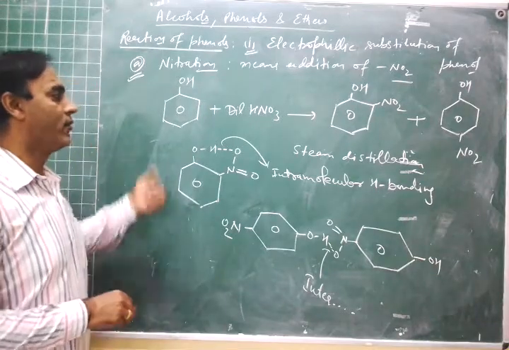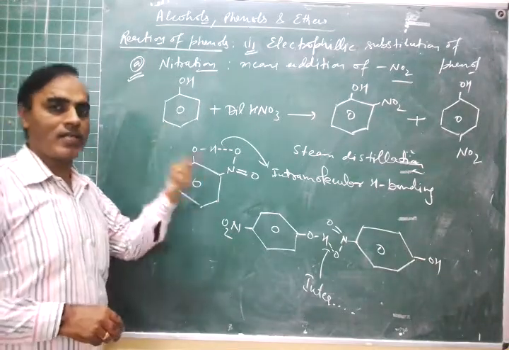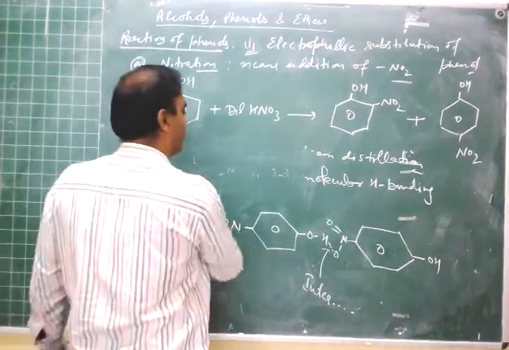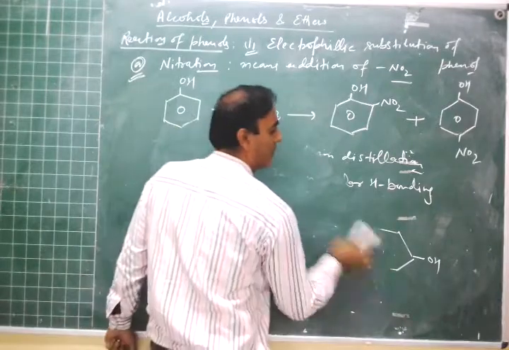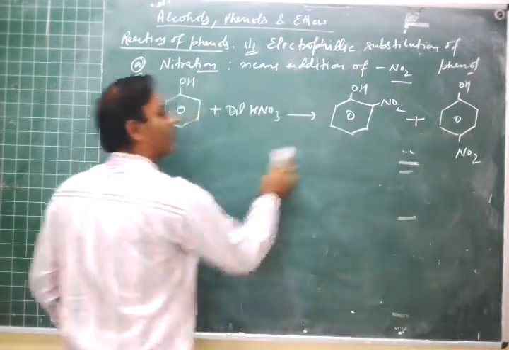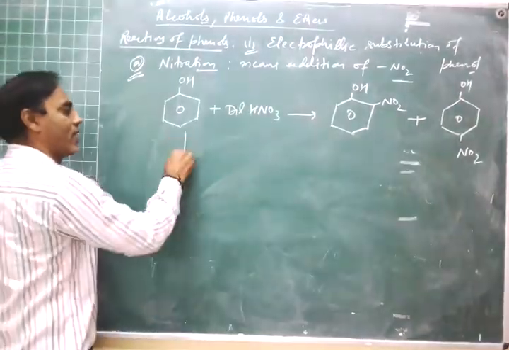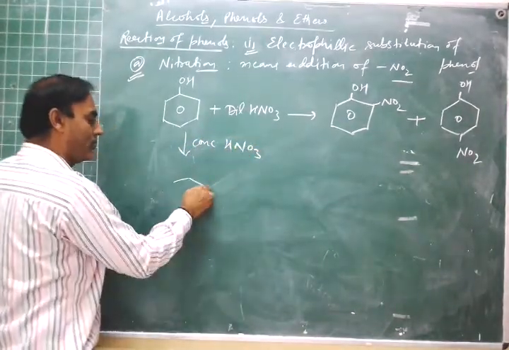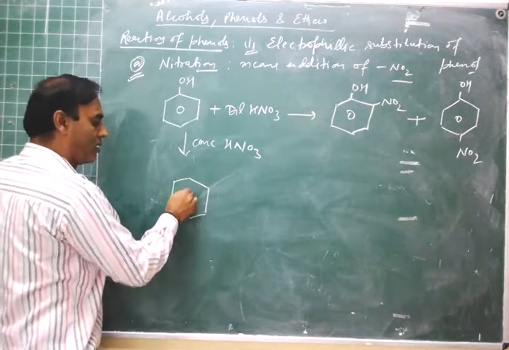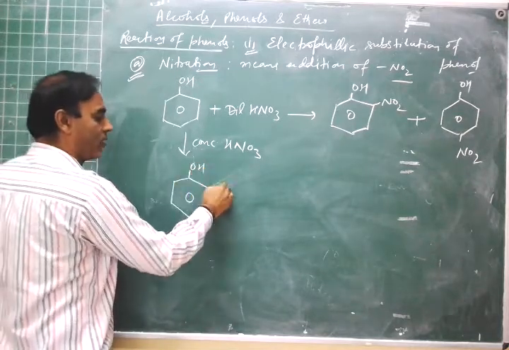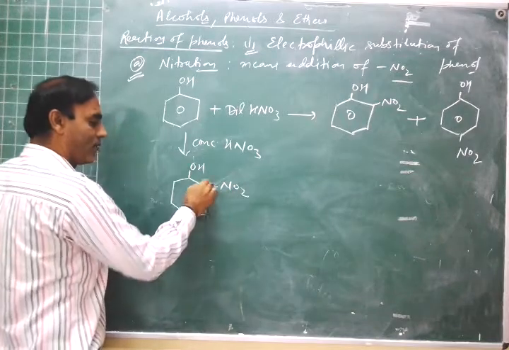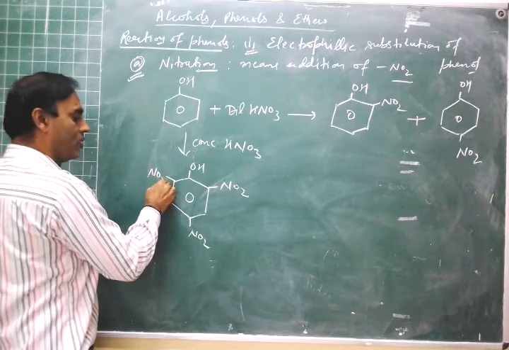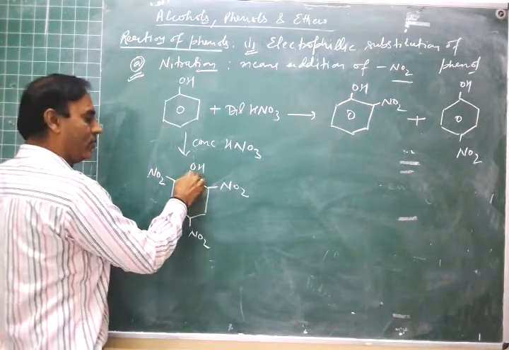Now we will discuss, if we carry out this reaction in the presence of concentrated HNO3, then what will happen? If you use concentrated HNO3, then nitro groups will come at the first position, then at the third position, and then at the fifth position.